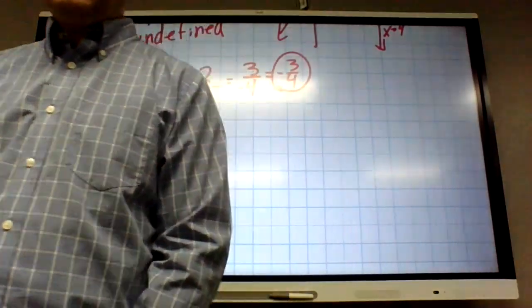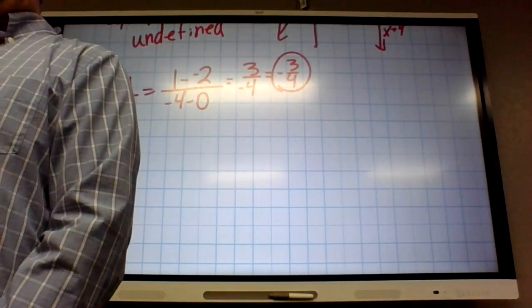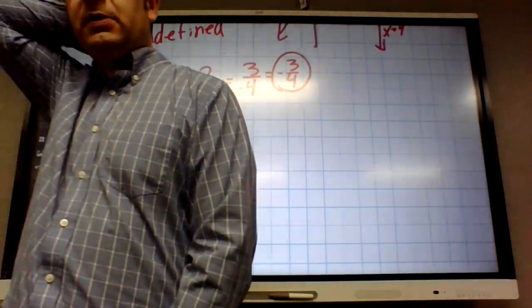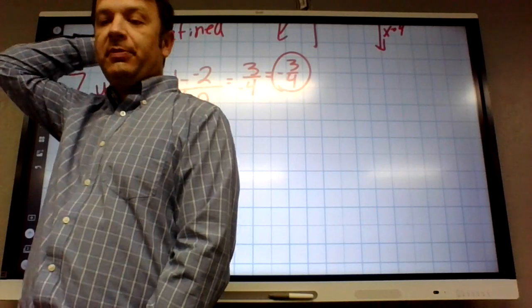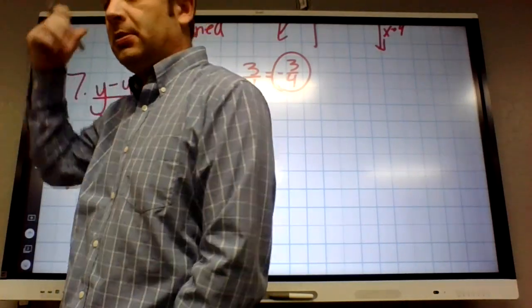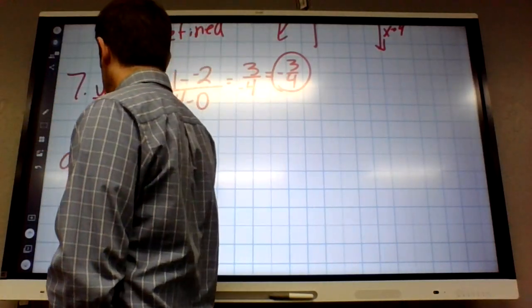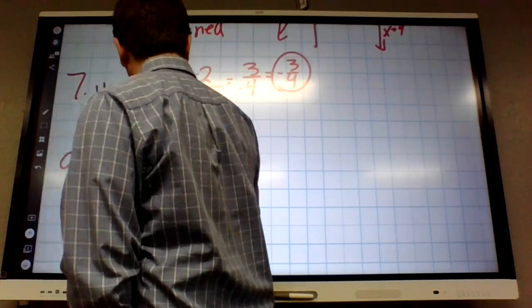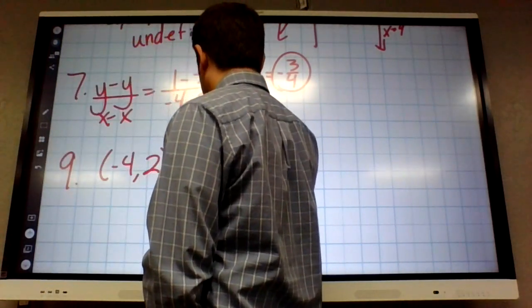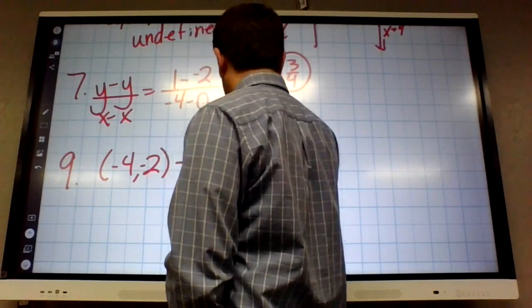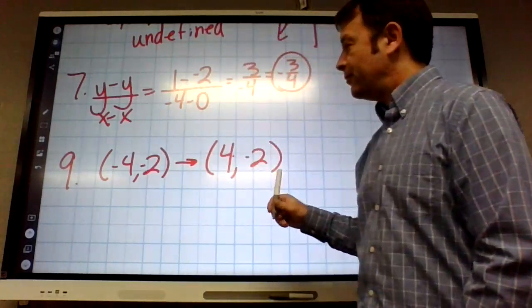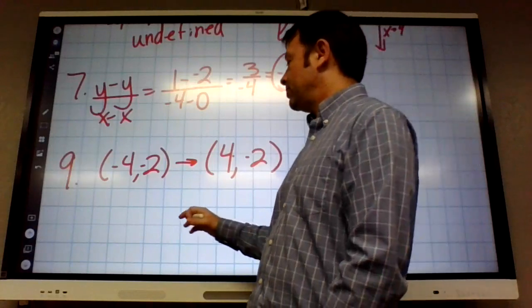Number 9. Find each length in the figure above. AC. So how long is it from A to C? You could do the distance formula, but there is an easier way to do this one. We're going from negative 4, negative 2 to 4, negative 2.